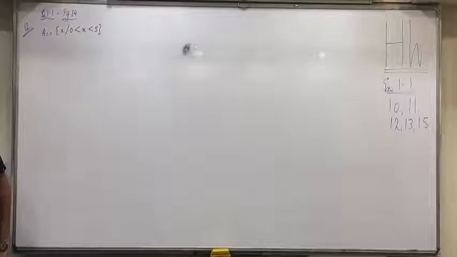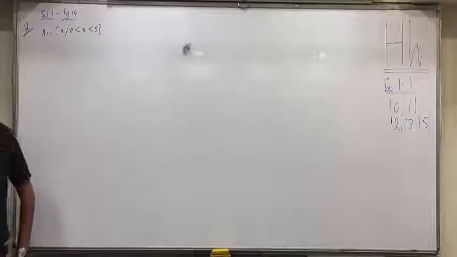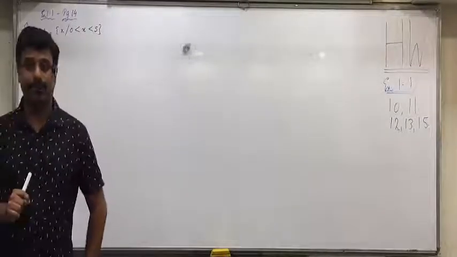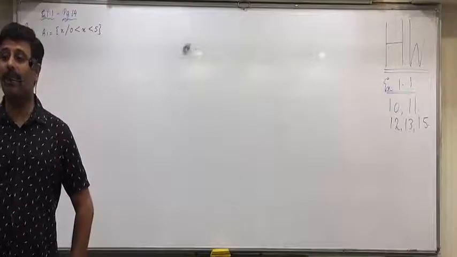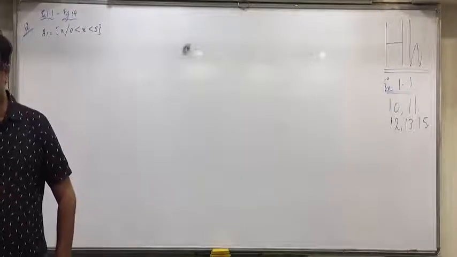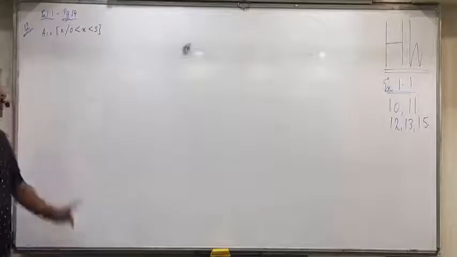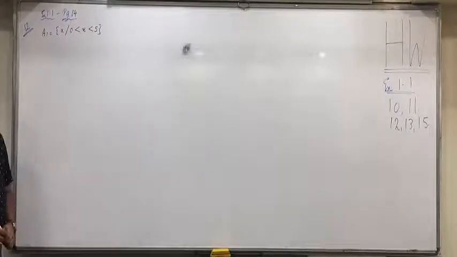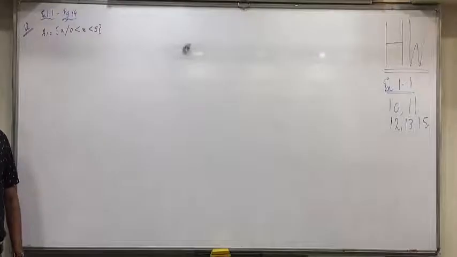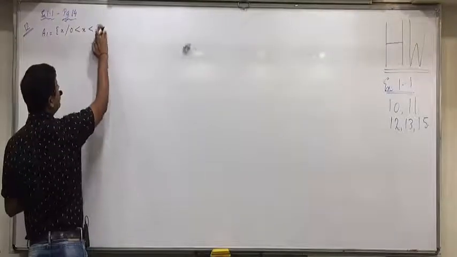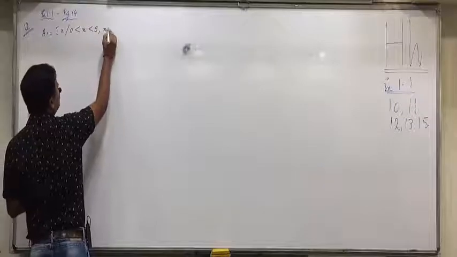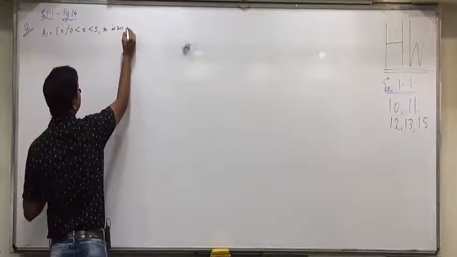We cannot write it in any other manner, because it will include 0.1 also, 0.01 also, 0.001 also. Infinite numbers between 0 and 5 are included. When could you write 1, 2, 3, 4? If it was mentioned X is an integer.